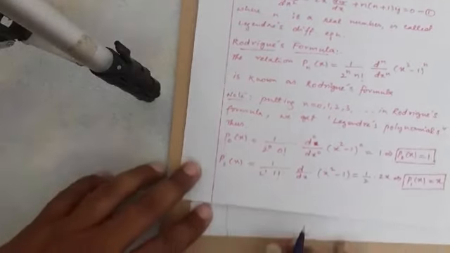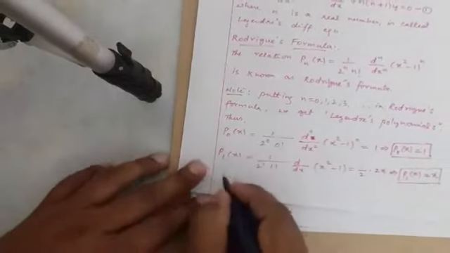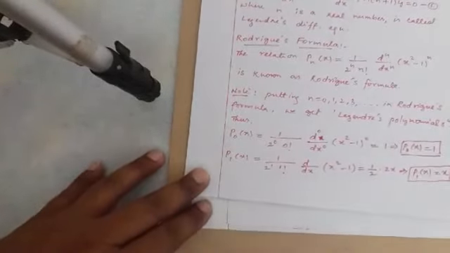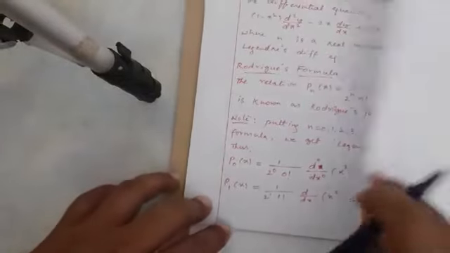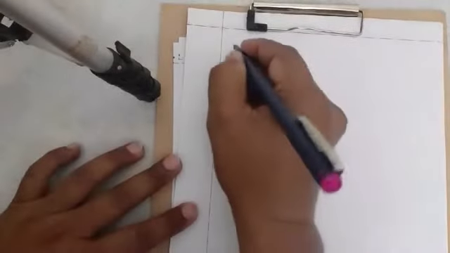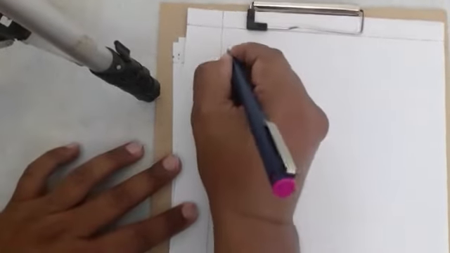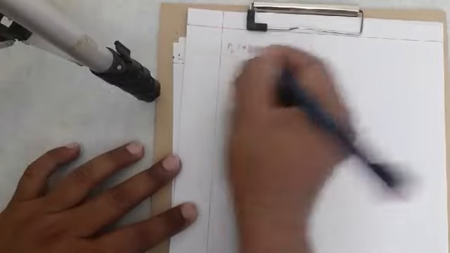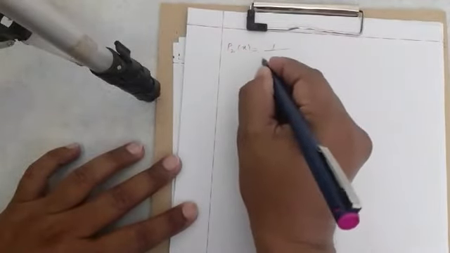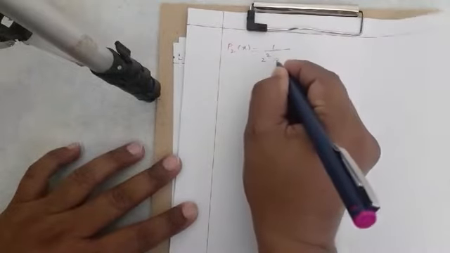Now after this, when you substitute n is equal to 2, let us do it on the next page. When you substitute n is equal to 2, this becomes P2 of x is equal to 1 upon 2 power 2 into 2 factorial.